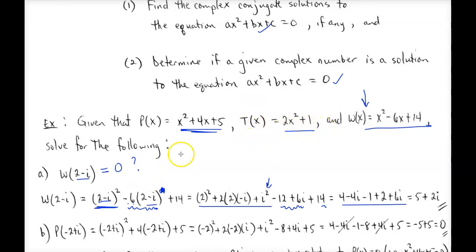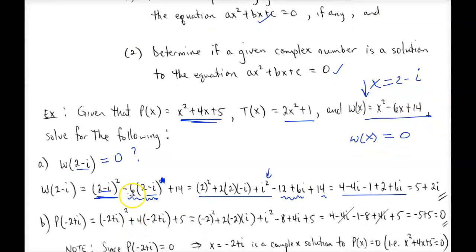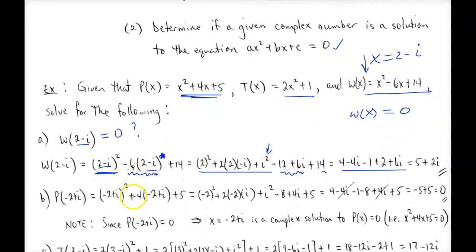So what that tells us is that when x is equal to 2 minus i, that's not going to be a solution to this quadratic equation. Okay. If we end up getting 0 for an answer, whenever we plug in a complex number into a quadratic expression, then we know that that particular complex number is a complex solution to that equation. And of course, example B is a good example of that.